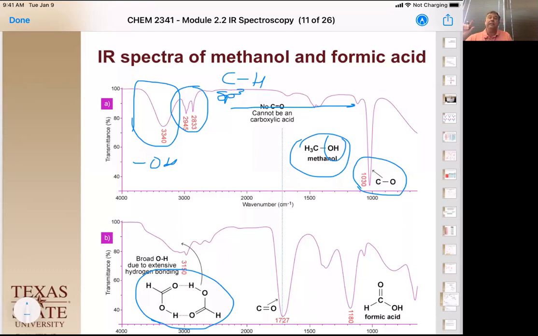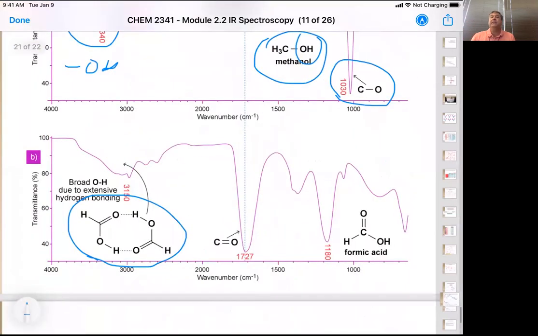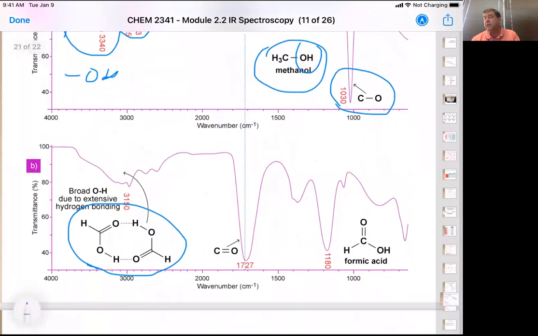Now let's take an almost similar molecular weight material and basically take that methanol and oxidize it down to formic acid. So now we have an aldehyde and we have a carboxylic acid, and now we have a carbonyl. So let's look at what we see there. The first thing we see is that our OH peak is shifted down. If the alcohol is up here, carboxylic acids are shifted down and overlap that entire region.